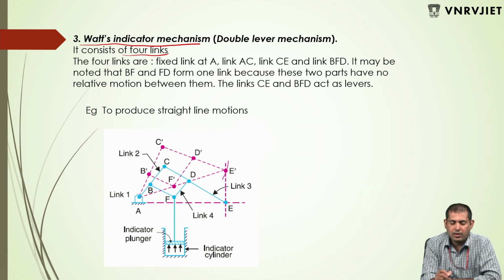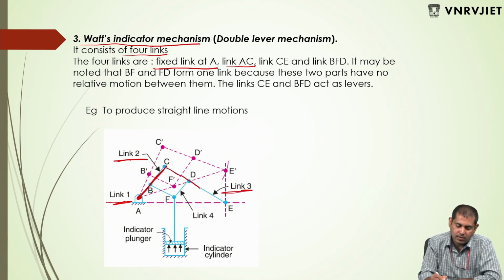Again it is a 4 link mechanism, but while you are seeing it, many links appear. The fixed link is at A, link AC is your link 1, this is your link 2, this is your link 3, this is your link 4. It is nothing but considered as a single part.